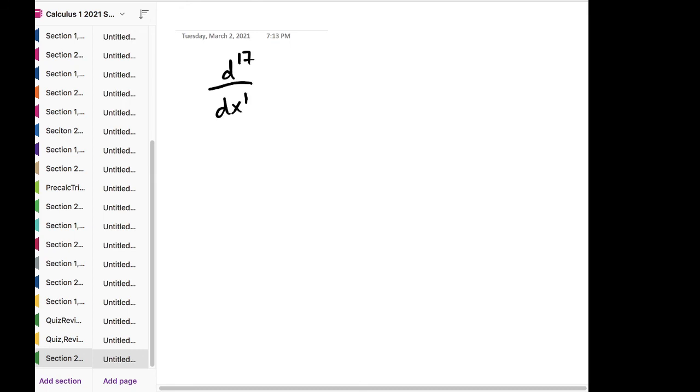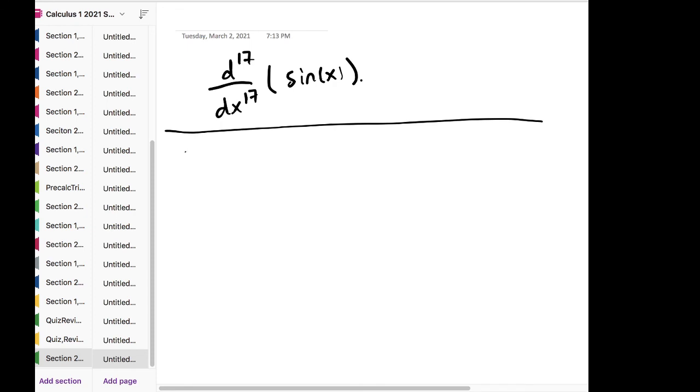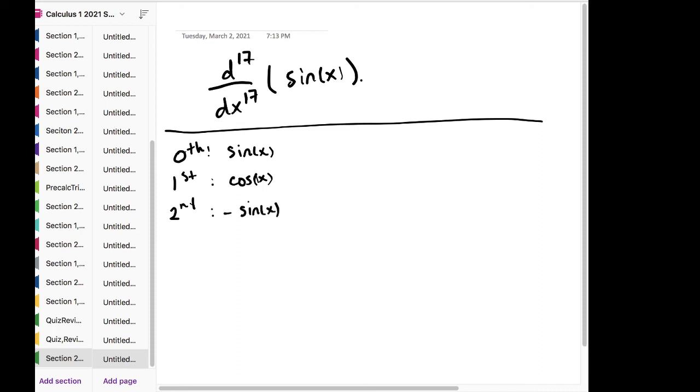What's the 17th derivative of sine? Okay, so if you see the pattern, what is the pattern? You think it's cosine? I agree.